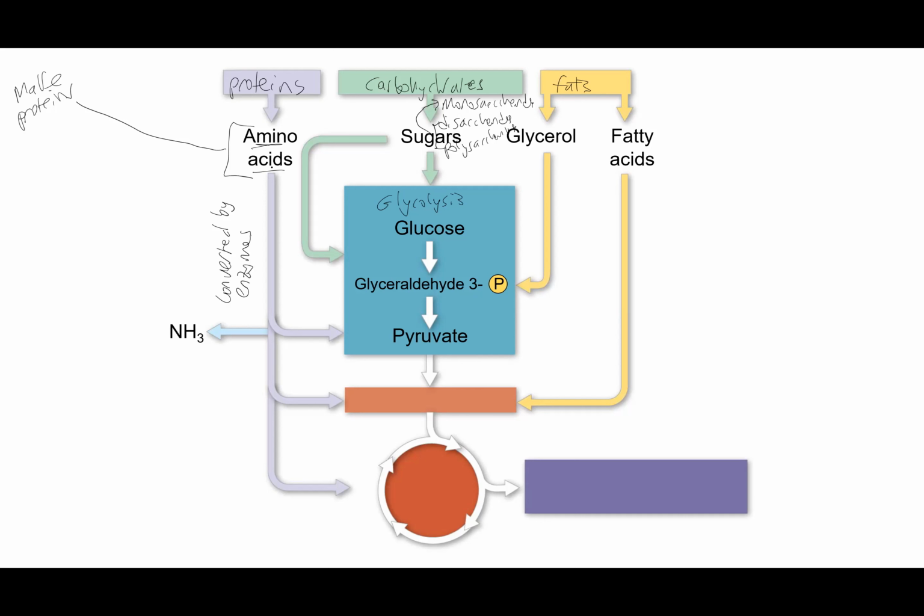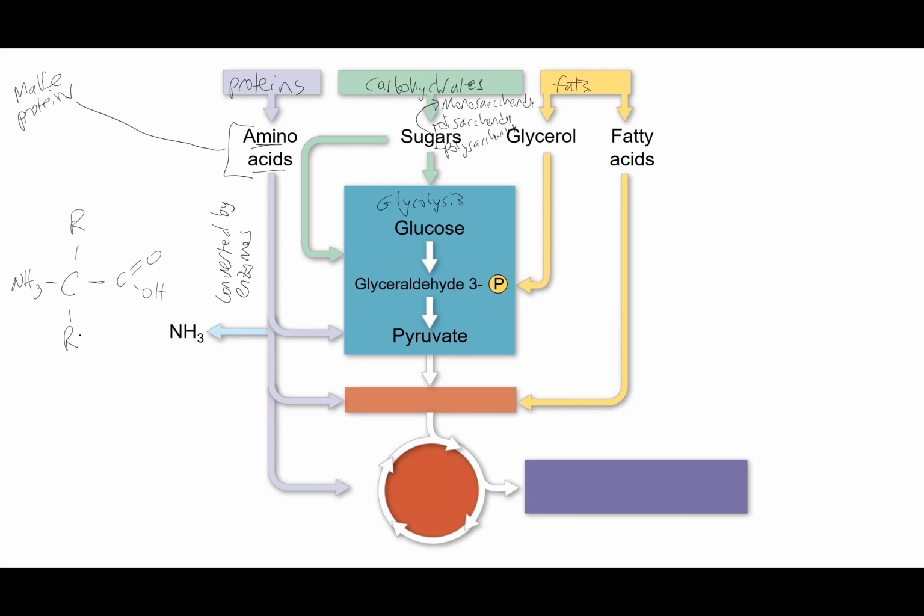So these amino acids, if you remember the structure of an amino acid, what's in the middle? It's got a carbon. On one side, it's got an amino group. What's on the other side? We're going way, way back. We've got a carboxyl group. And then we've got the side chains.